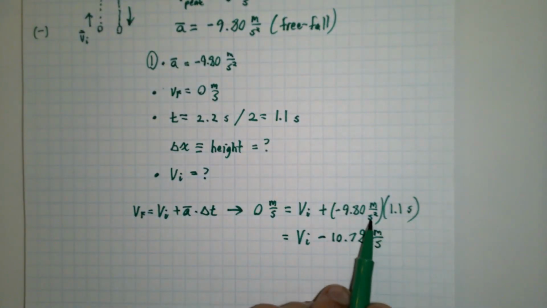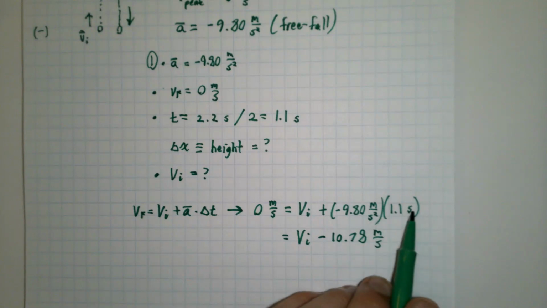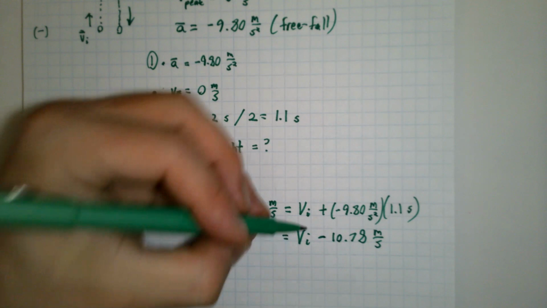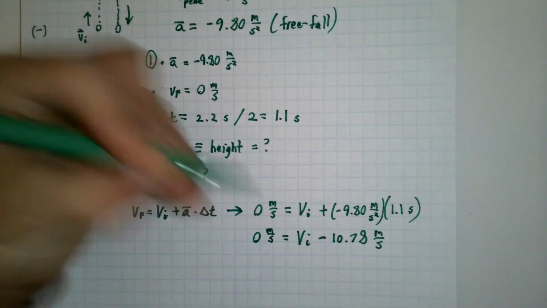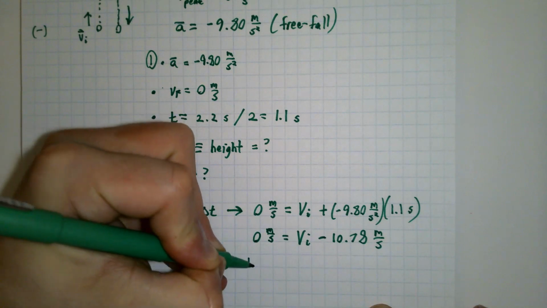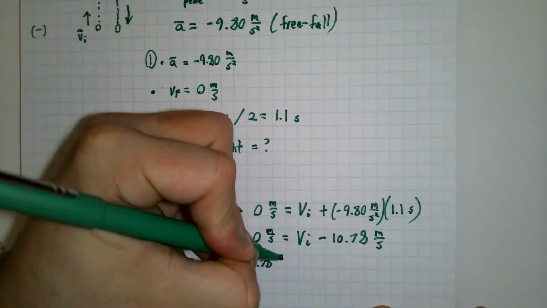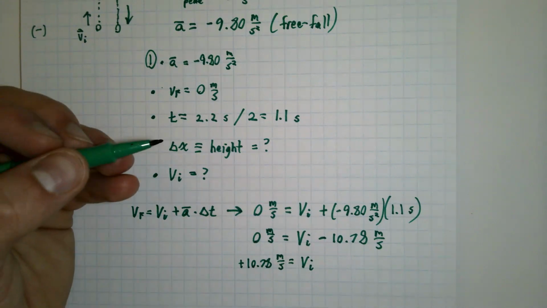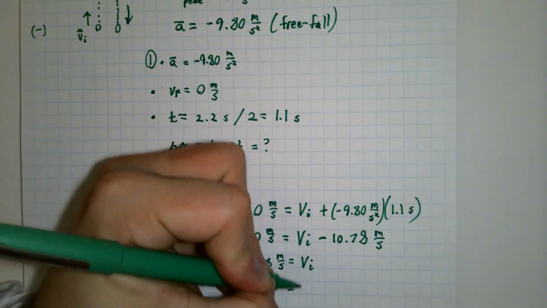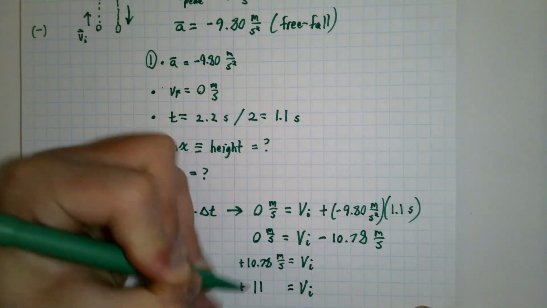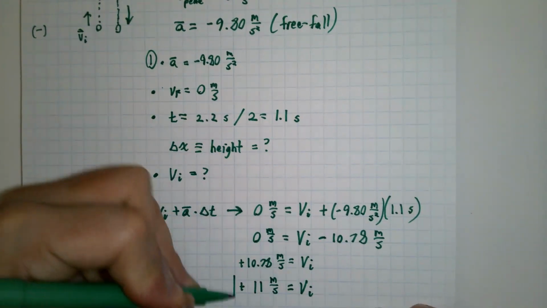The seconds cancel here with the meters per second squared times seconds, so I just end up with meters per second, still equaling 0 meters per second on the left. Move this over to the other side and I get positive 10.78 meters per second is my initial velocity. Finally, I'll move it to the appropriate significant figures of just 2 and have it stated as 11 meters per second.